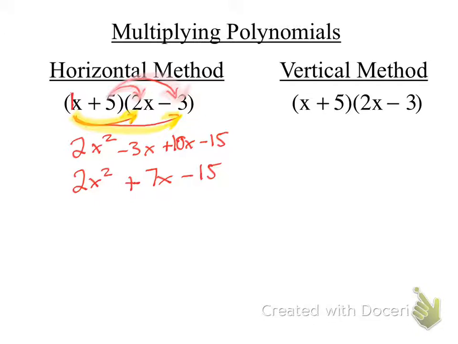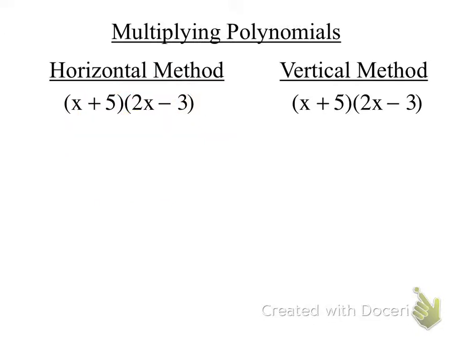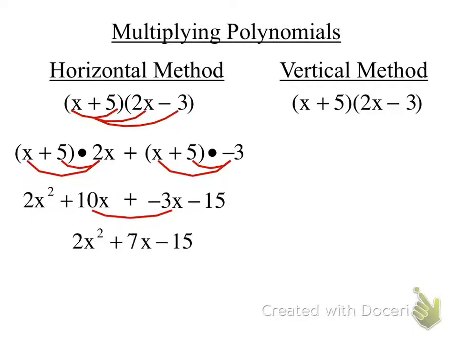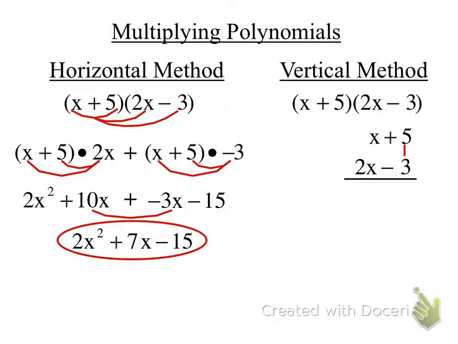So there's also another way, the vertical method, where I line up my 2 polynomials. Are you with me? The first thing I do is watch this. Just watch so you know how I get it. Negative 3 times 5 is what?